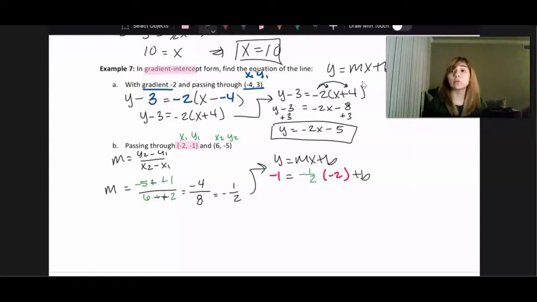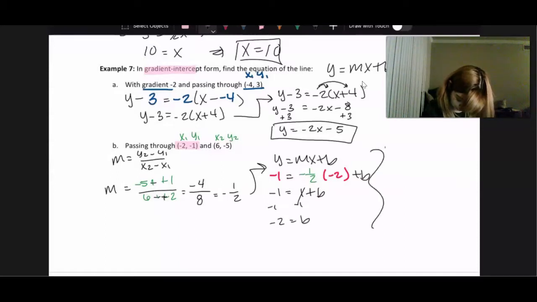The only thing I don't know is b, my intercept, for gradient-intercept form, but I can solve for it. Negative 1 equals negative 1/2 times negative 2, which is positive 1, plus b, and then you get b by itself. I subtract 1 from both sides, b equals negative 2.